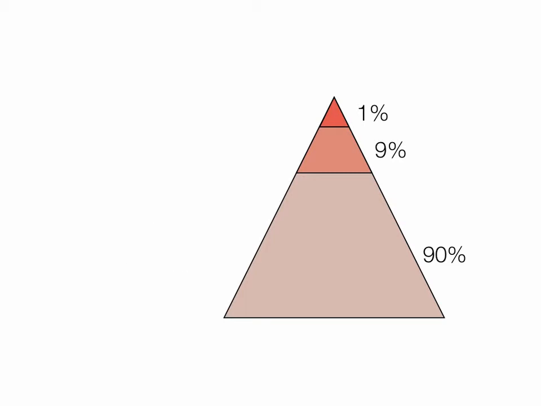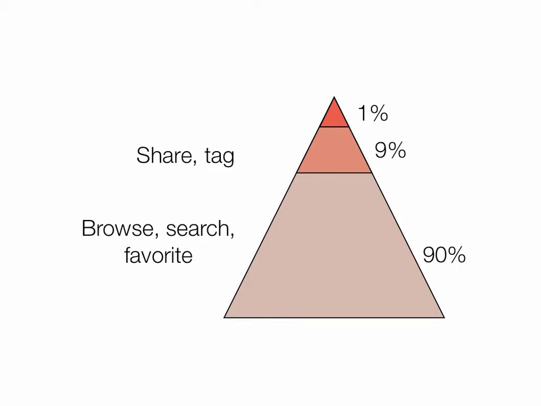So the 90%, if they're using an app, they're mainly just browsing. Perhaps they'll search or mark some things as favorites. Maybe 9% of users will take a few more heavyweight actions. So maybe they'll share a piece of content to a friend or they'll add a tag. But really only 1% of users would be doing things like writing a comment or emailing you with a suggestion, or maybe if you have a forum, creating a new forum thread.